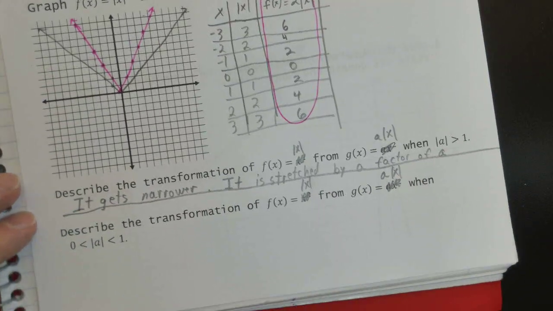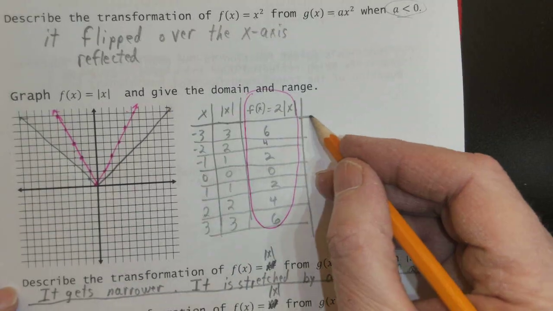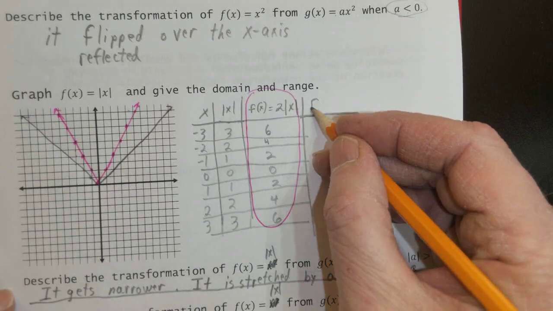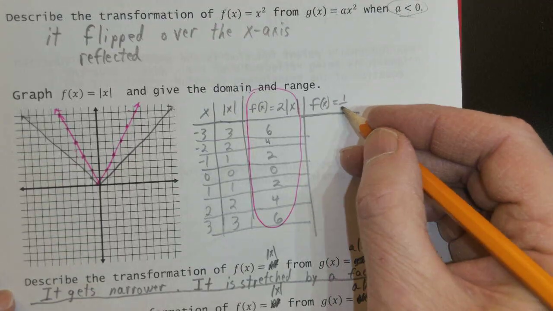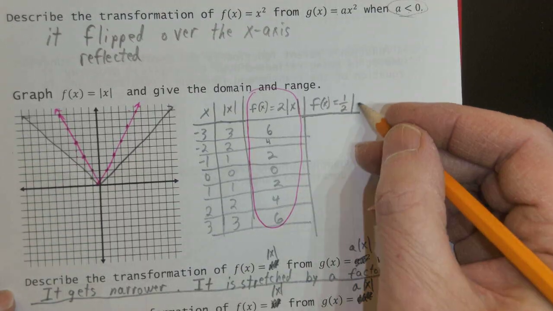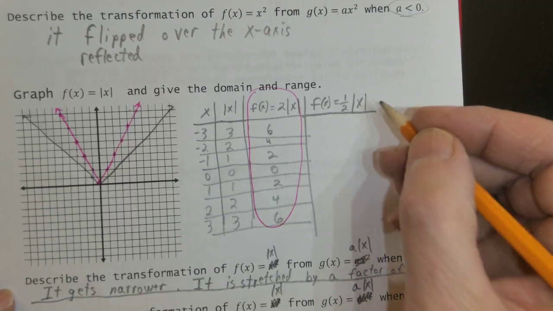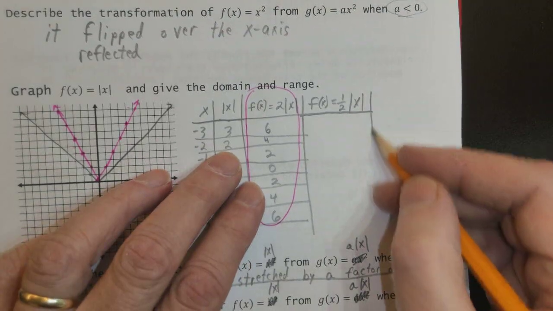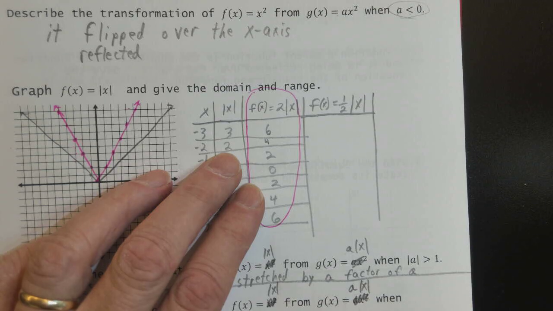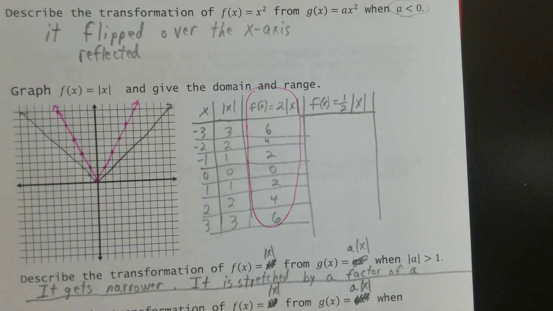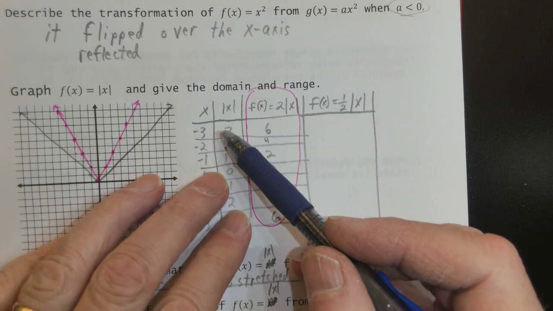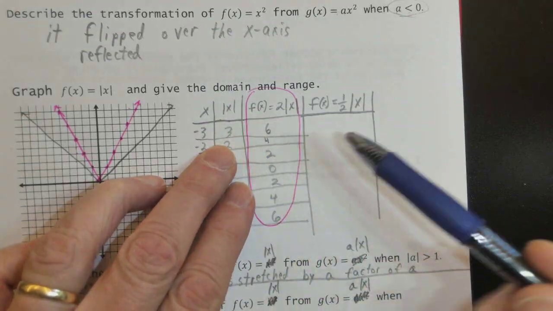Now, let's make one more column. This is probably all we're going to get done today. F of x equals 1/2 times the absolute value of x. Okay? Now, guys, this time I am still working with this.